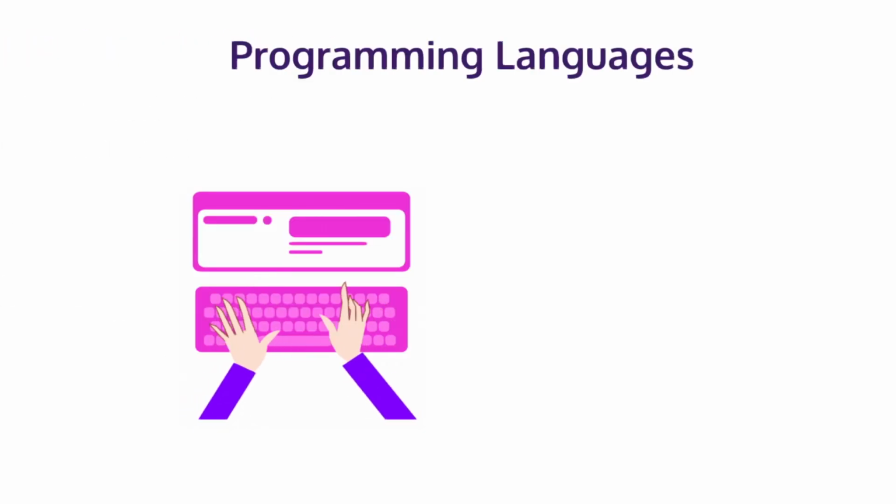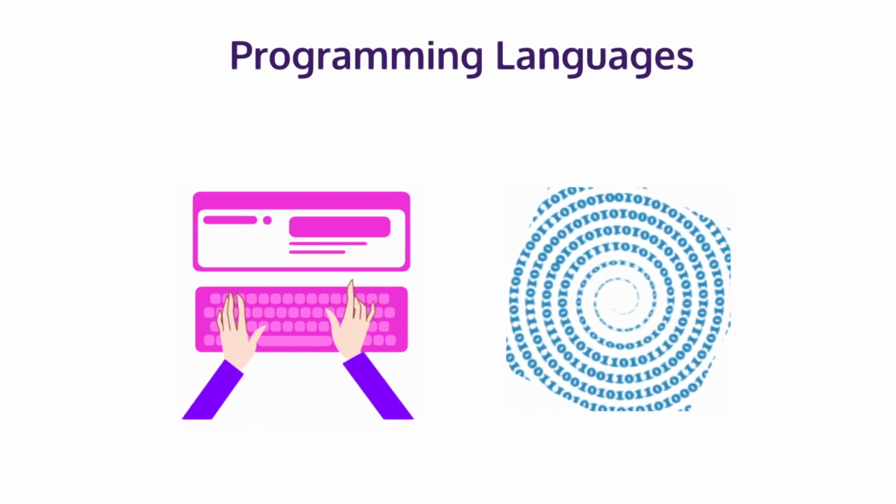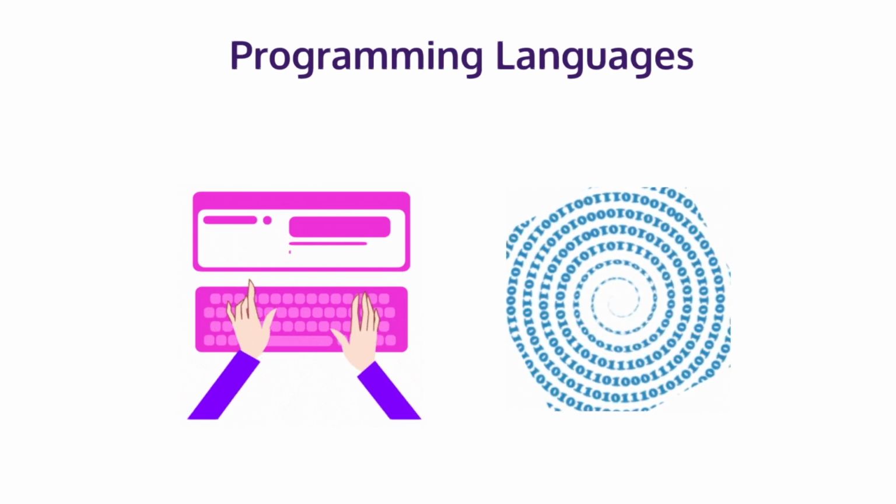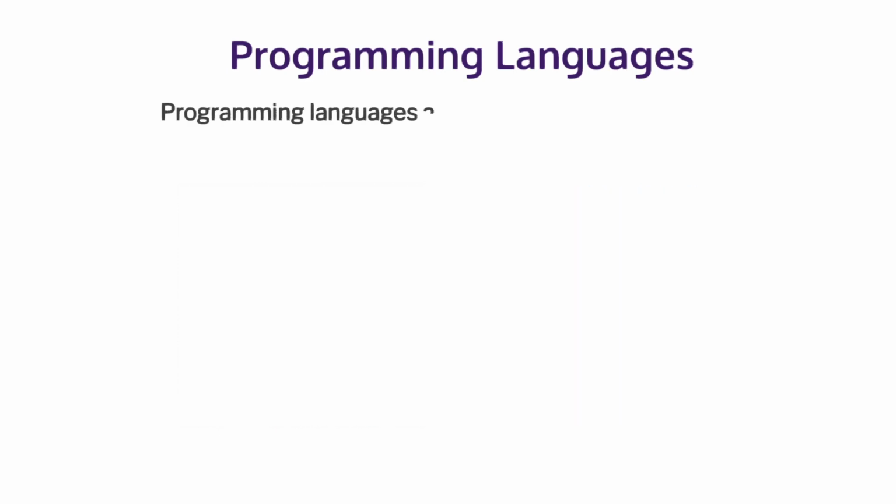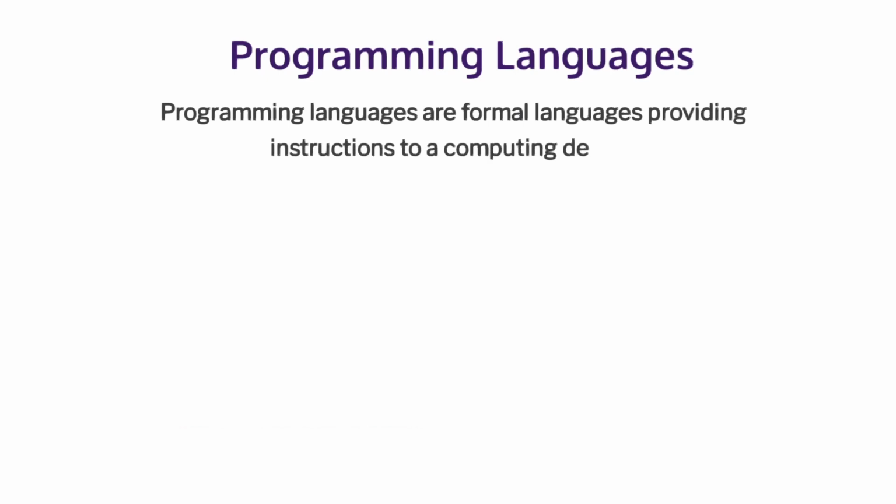Since computers only understand binary code, English-like languages have been developed for people to use to write computer programs. After all, nobody wants to spend their days writing in ones and zeros. Programming languages are formal languages providing instructions to a computing device.